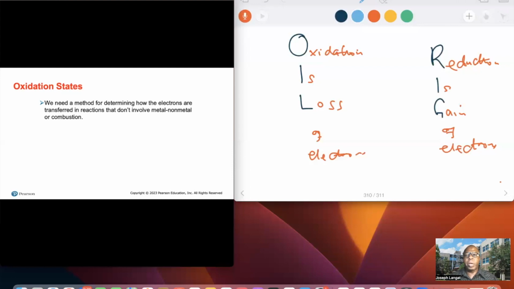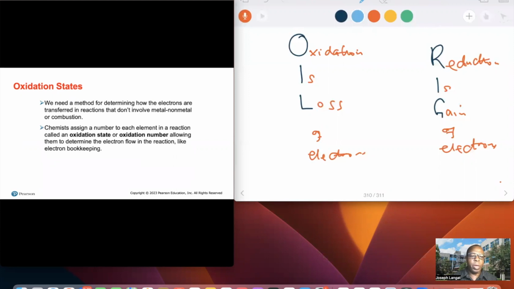For you to conclude whether it is redox, you have to assign oxidation numbers. It is a way of electron bookkeeping in redox reactions so that we see which species is losing, which species or reagent is gaining, and how many electrons are transferred.